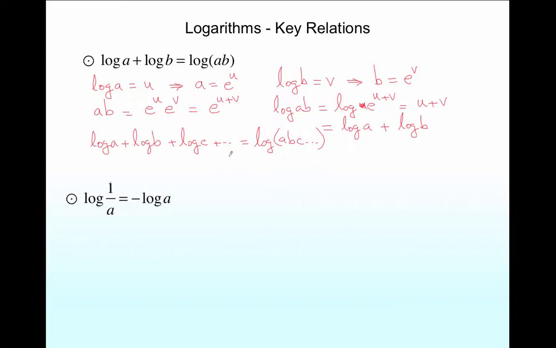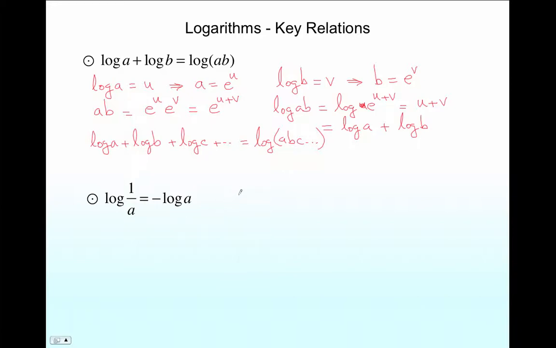That was easily done. Now let's go on to another important relation, that the logarithm of the reciprocal is minus the log of whatever was there. So that's also very easy to do.